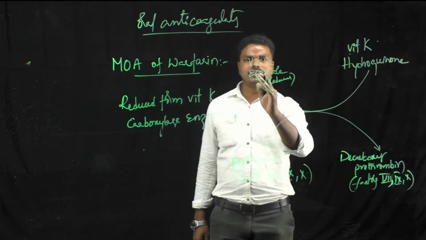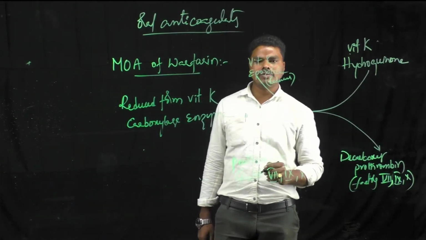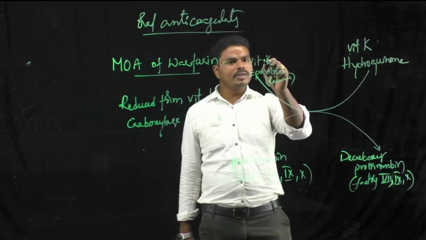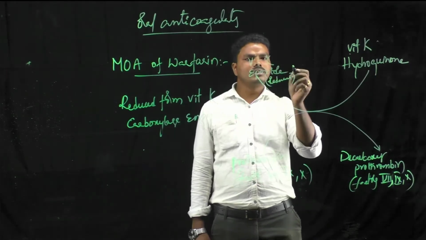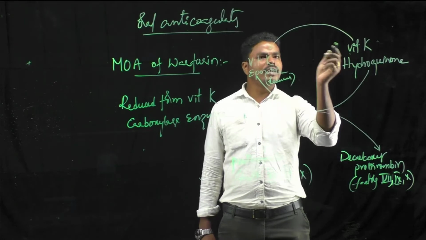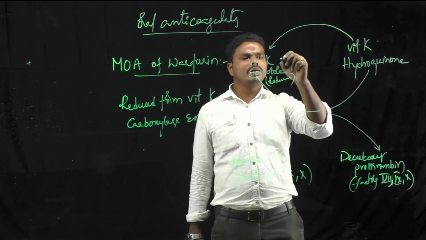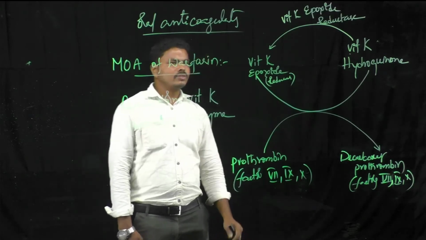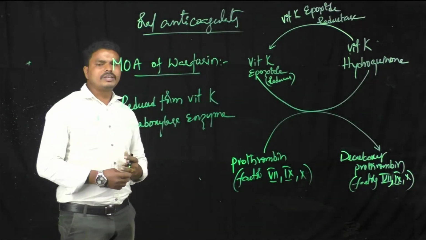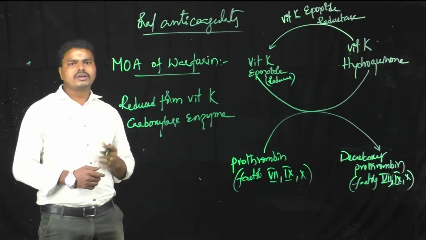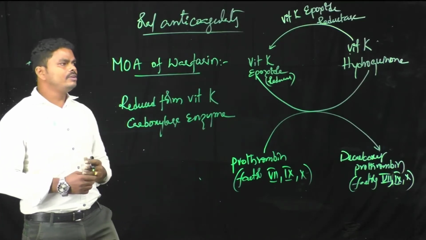Vitamin K is converted into the reduced form by the action of an enzyme, vitamin K epoxide reductase. So we know that vitamin K activates the clotting factors. How is it activated?